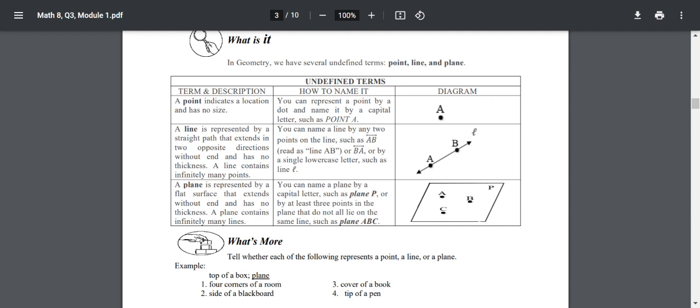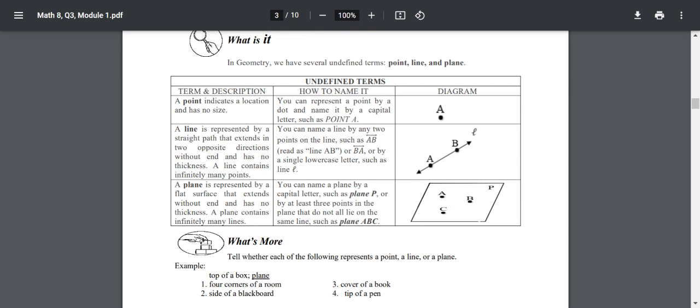Next, we have line. What is a line? A line is represented by a straight path that extends in two opposite directions without end and has no thickness. A line contains infinitely many points. So what is a line? It has no thickness, and it is a straight path. So it can no longer be called a line if it is a curve, if it bends or zigzags.